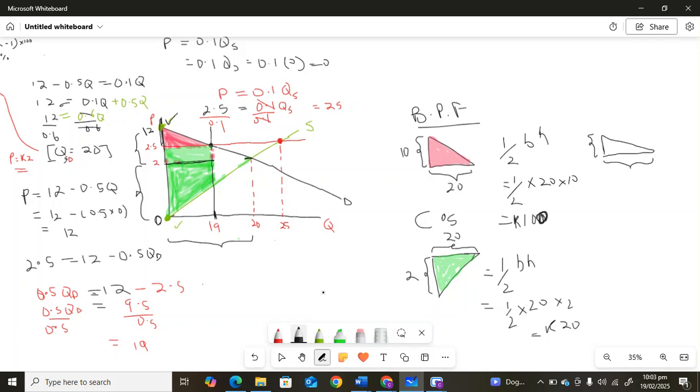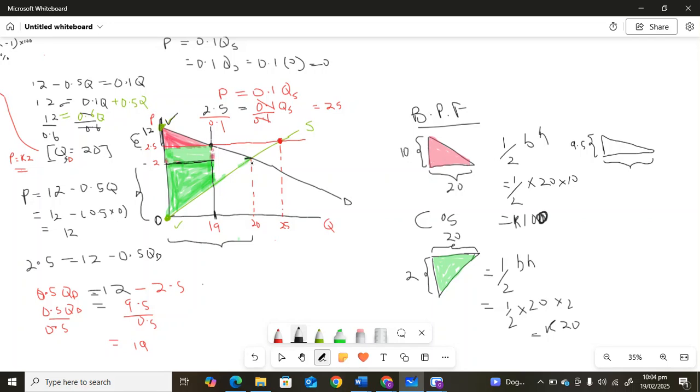Yes, because we're moving from 2.5 to 12. Okay, colleagues? Moving from 2.5 to 12. All right, so that represents 9.5. And the new length, 19.